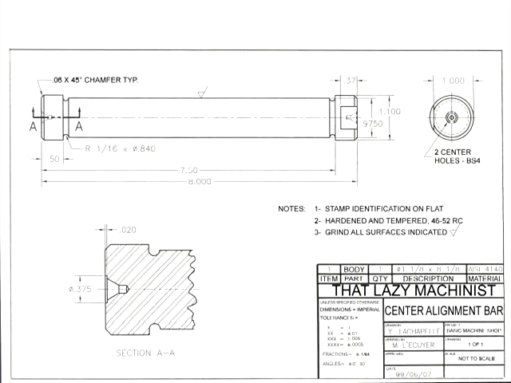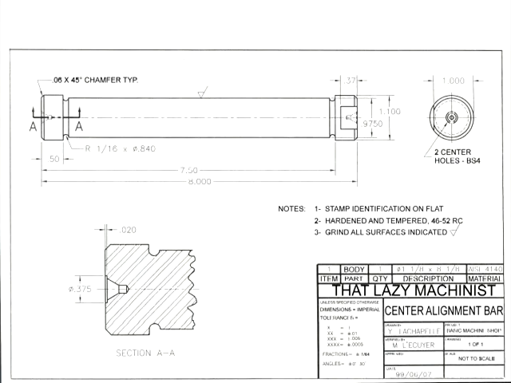Now, in order to clarify what I was saying about the bottom view in that last drawing, let's take a look at this two-view drawing of an alignment bar. In this drawing, we have a front view that really represents the shape of this alignment bar. And we have a right-hand view that helps us to understand certain particularities.